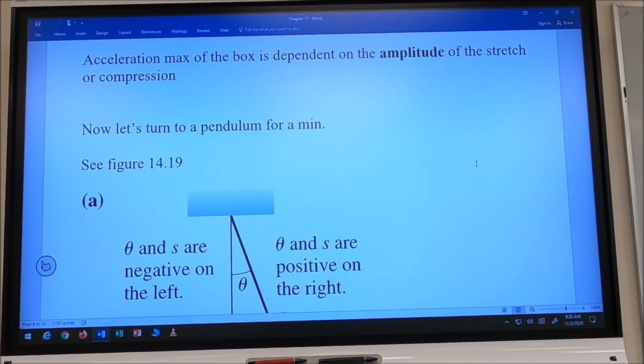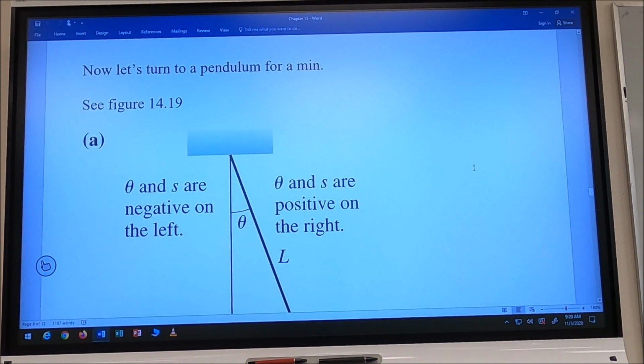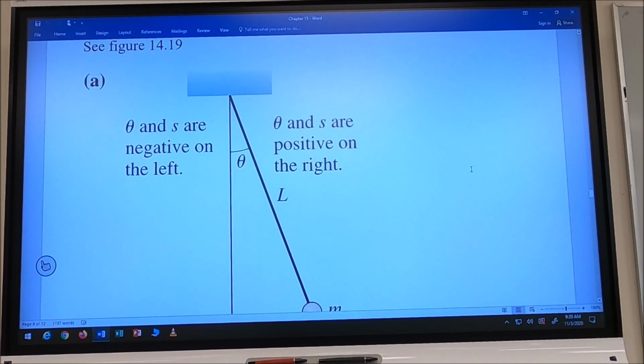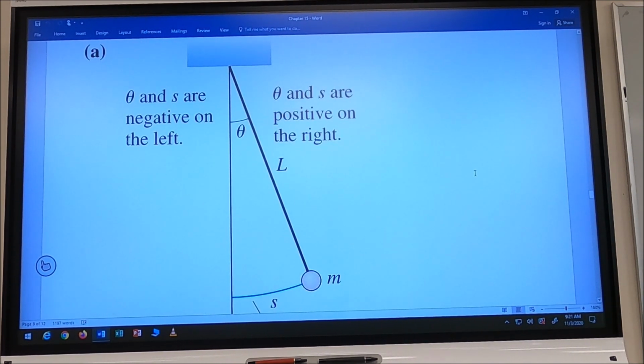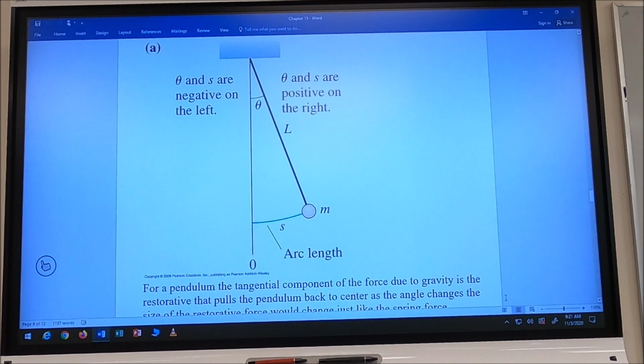Now, let's talk about a pendulum, okay? Pendulum is our other simple harmonic motion. Now, if we look at figure 14.9 here, we'll shrink down this image just a little so we can get the whole picture.